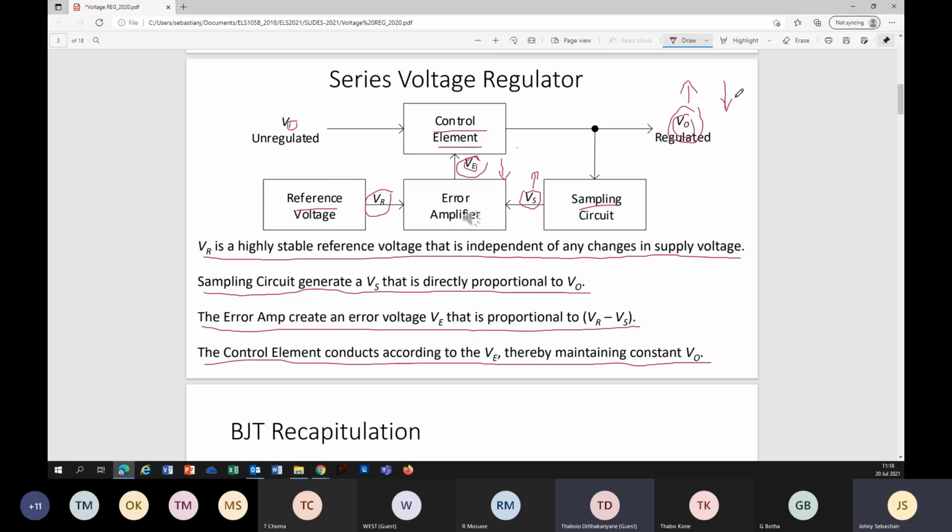But I want you to understand this. Remember, it is not like V naught increases, V naught decreases. When V naught increases, V sample increases, error voltage decreases, control element conducts less, then V naught decreases.